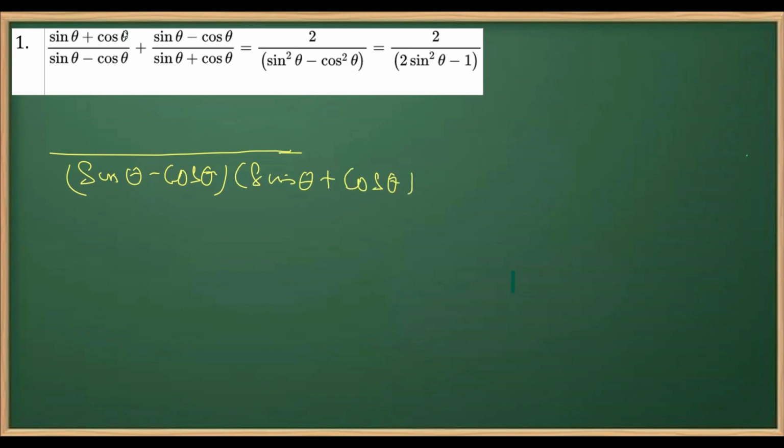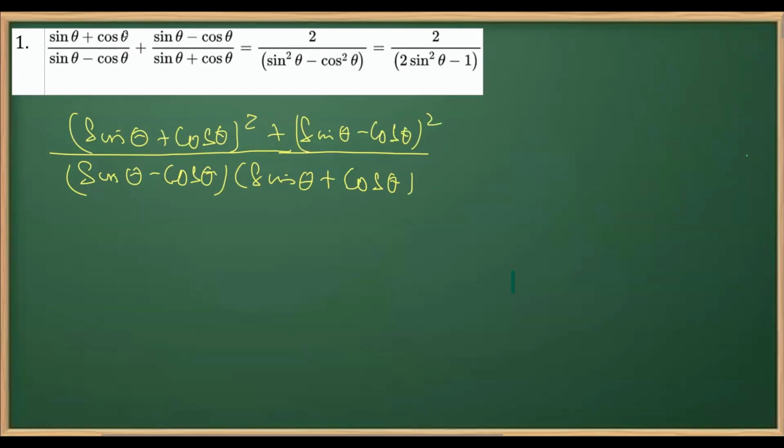Now let's say if I do so, I'll be multiplying this with sine plus cos. So we'll get sine theta plus cos theta whole square, and so on for the other part, that is sine theta minus cos theta whole square.